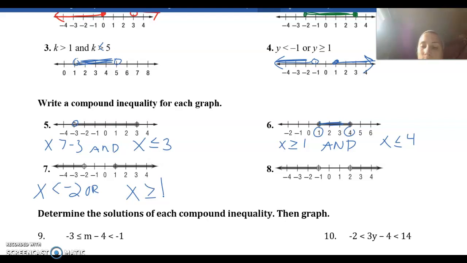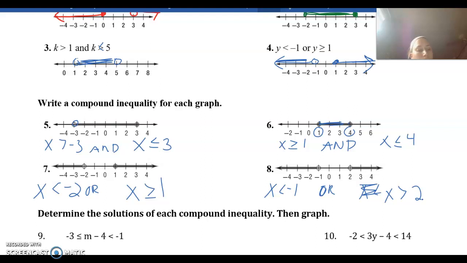For number 8, I see 2 open circles and we are going opposite ways, so we have "or". x is less than -1 and x is greater than 2. Okay, that's number 8 for you.